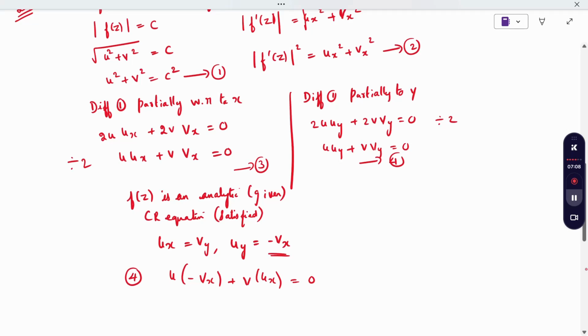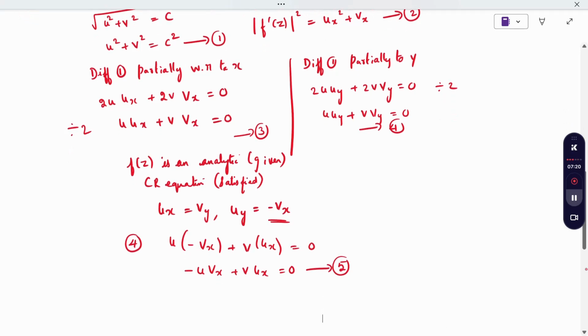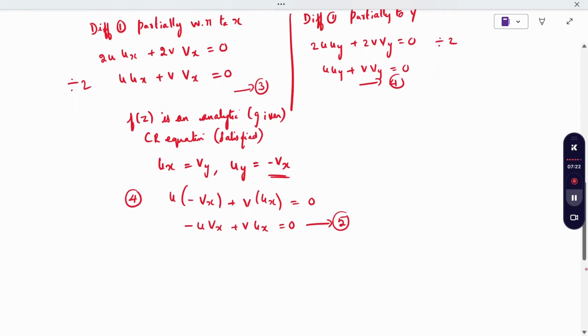I'll rewrite it again: minus u into vx plus v into ux equal to 0. Call this the fifth equation. Already I have the third equation, which I have not used yet. What I am going to do is square and add the third and the fifth, 3 squared plus 5 squared.